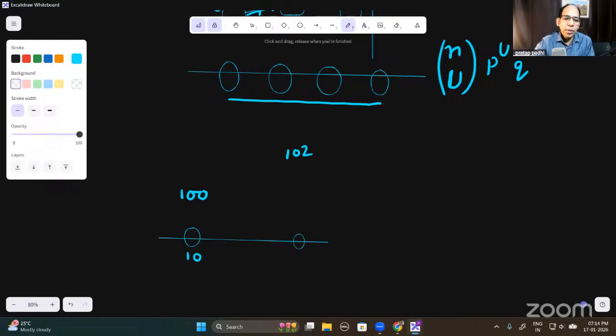So my n is 10, j is 102, and i is 100. So my net gain in 10 steps is this. I want to gain 2 in 10 steps.